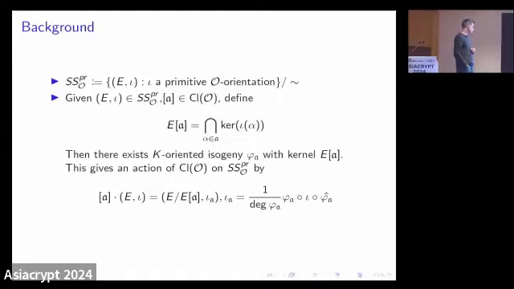What that allows us to do is define an action of the class group. We simply take E in quotient by this subgroup we've created, and the corresponding orientation we get is the orientation that's naturally defined via this isogeny.